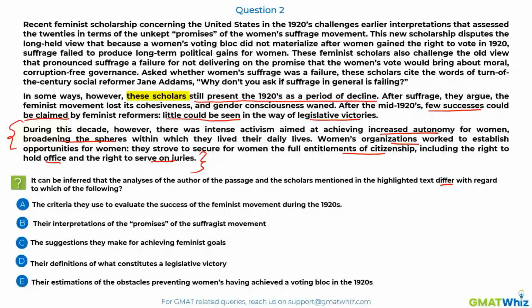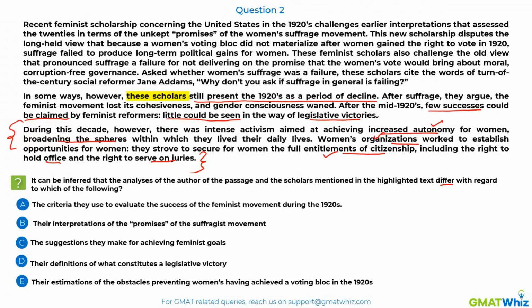Now, the author uses autonomy as a point of achievement. The author uses gaining entitlements as a point of achievement. The author says that there were organizations working to achieve. On the other hand, the scholars are basically talking about legislative victories, and saying that hardly any success was achieved.